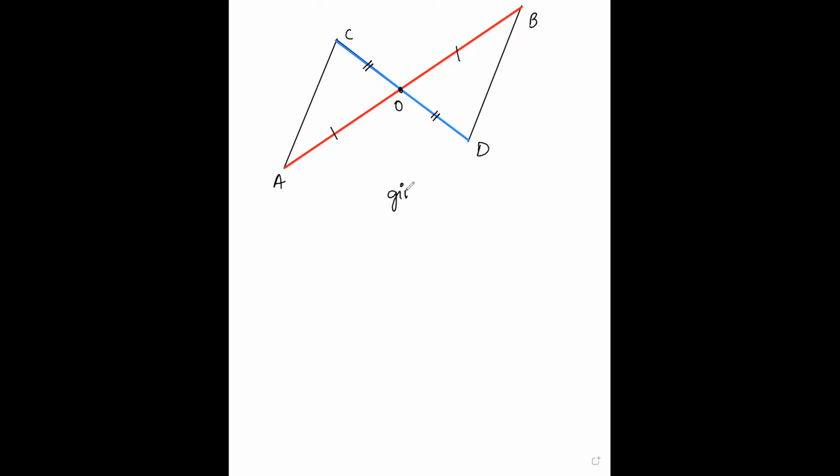CD is bisected into 2 equal halves, right? Bisected means the 2 halves of it are both equal. So CO is equal to DO. Is that clear? Yes.